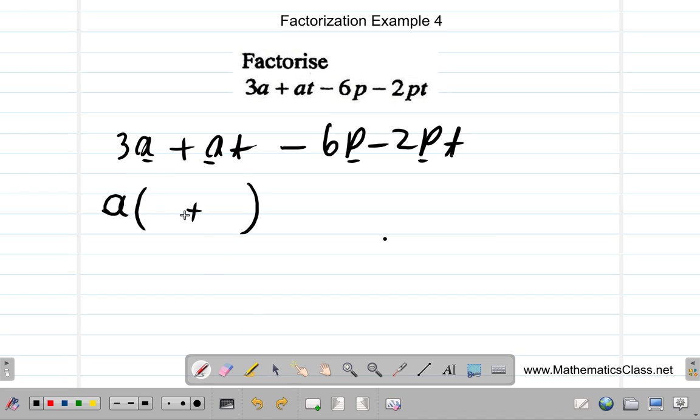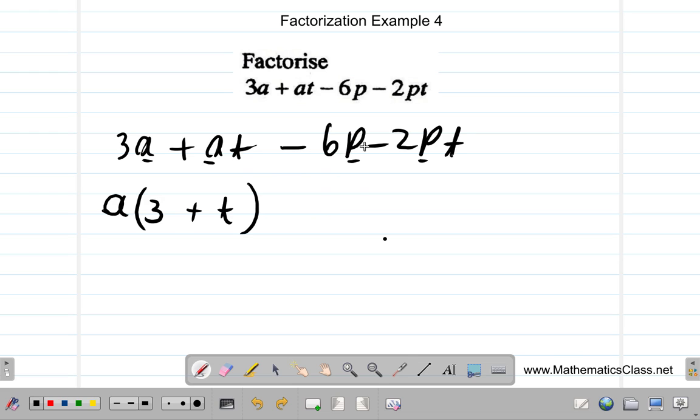What is that thing? It must be 3. A times 3 gives you 3a. Plus a times whatever you put here will give you at. What must be here? T, of course. So a multiplied by t will give you at.